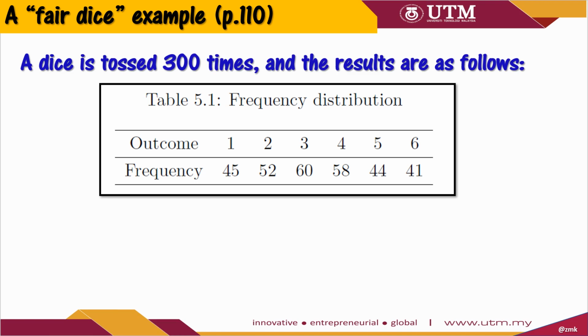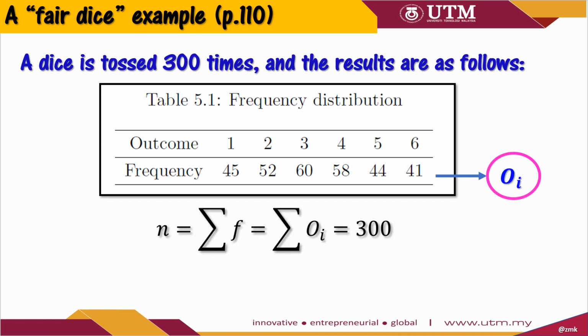The frequencies are actually the observed values Oi, which represent the sample data. The sample size is 300 in this example, which is the total frequencies, and this is exactly the sum of observed values Oi.